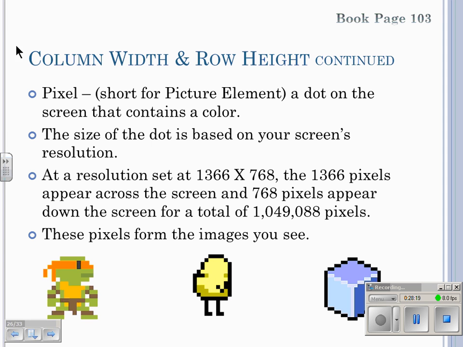And if you times those together, you end up with 1,049,088 pixels on your screen. And they're so tiny, aren't they? You can't see them. Well, when they all come together, these pixels form the images that you see.